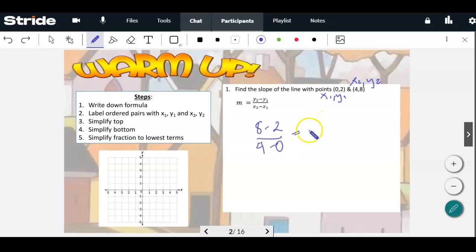So you just subtract: 8 minus 2 is 6, 4 minus 0 is 4. Simplify, and that can be written as 3/2. It's okay to leave it like that.